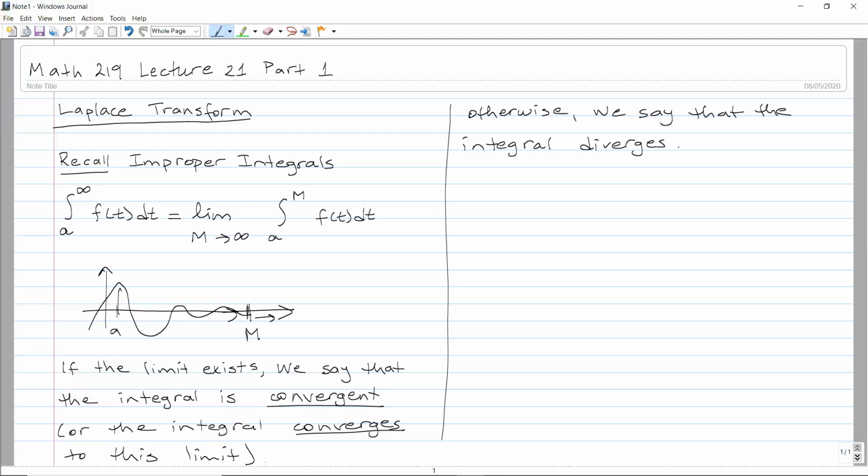To talk about improper integrals, we need functions which are integrable on finite intervals, so that we can take the integral from the number a to the number m. Basically, these are going to be piecewise continuous functions. So what is a piecewise continuous function?